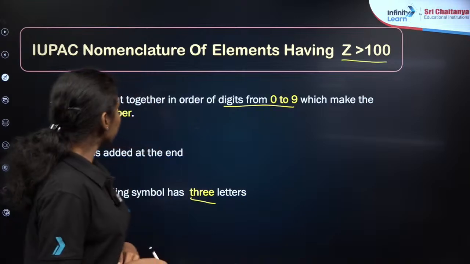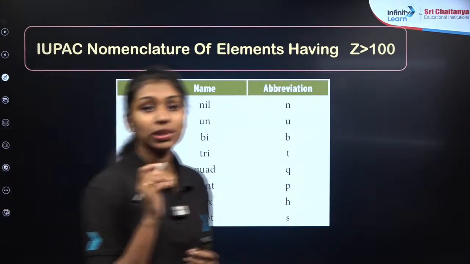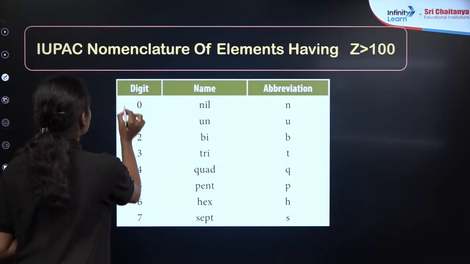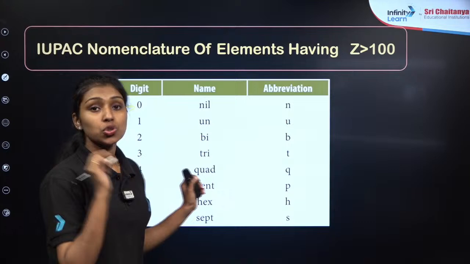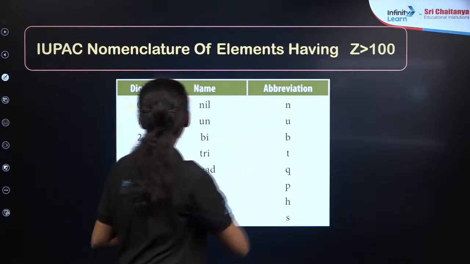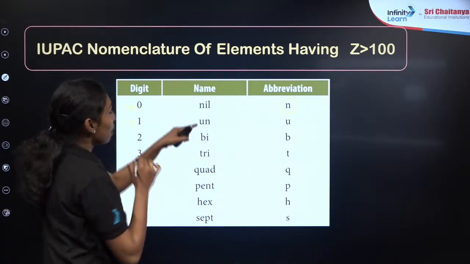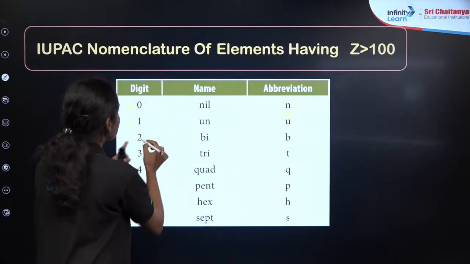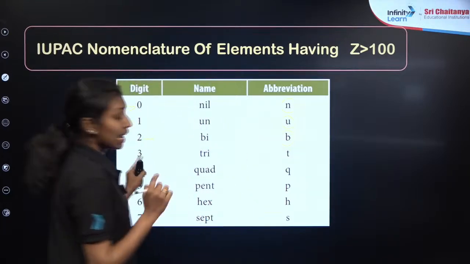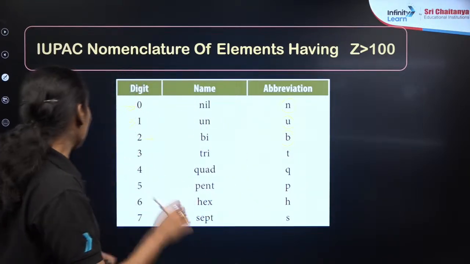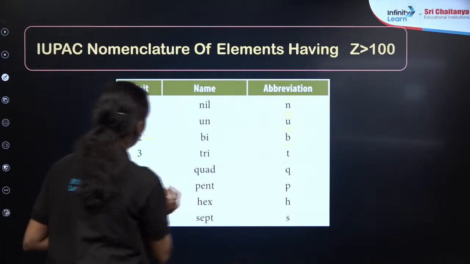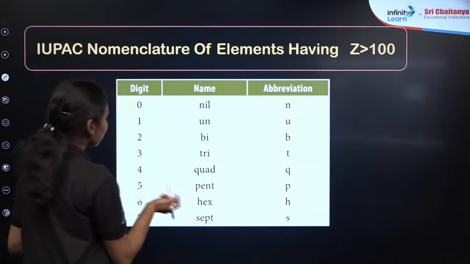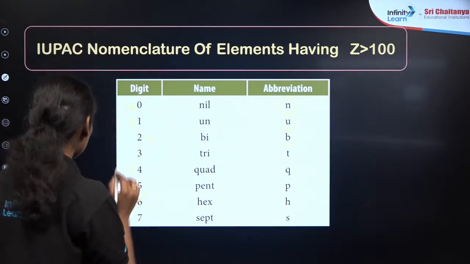Now let us see some examples. Before that, we have to find the digits and corresponding root names. For 0, the name is nil, with abbreviation N. For digit 1, it is un, with abbreviation U. For 2, it is bi, with abbreviation B. For 3, it is tri, with T. For 4, quad, Q. For 5, pen, P. For 6, hex, H. For 7, sept, S. And there are 2 more numbers.